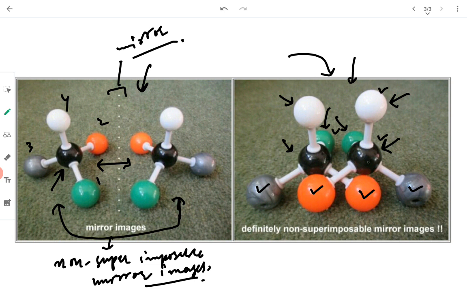If a central carbon is attached to 4 different groups, you will never be able to superimpose their mirror image.